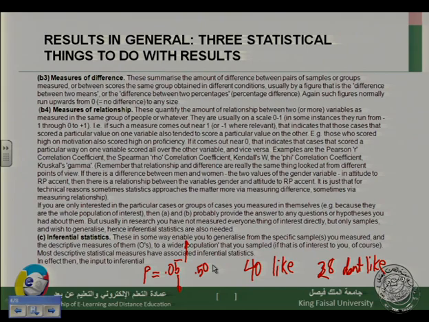There is a difference. It should be 0.05. This is the level of significance that we want to reach in order to say we have significant results.